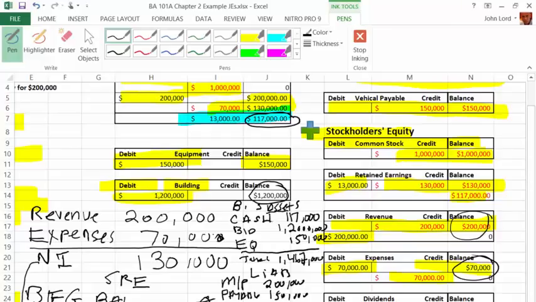Good. Now I need my stockholders' equity. How much is my common stock? $1 million. So I got common stock of $1 million. Anything else in stockholders' equity? Retained earnings is 117, isn't it?